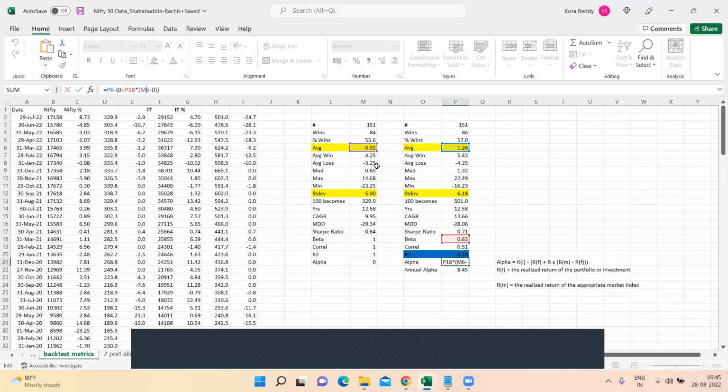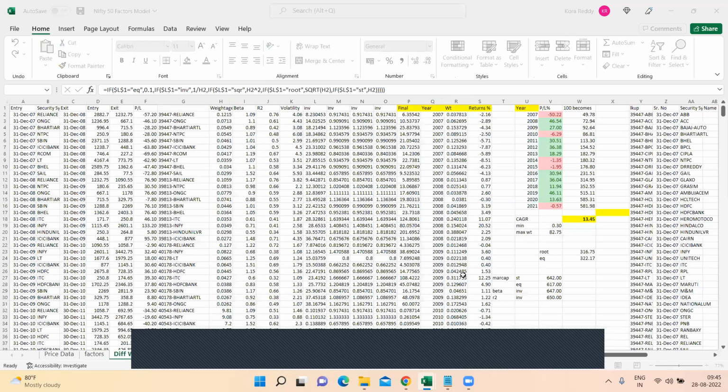Actually, it should be M6. So just that small correction. I'll upload the sheet.